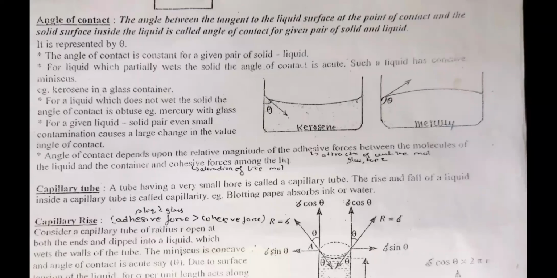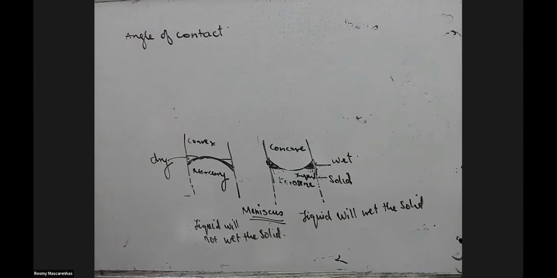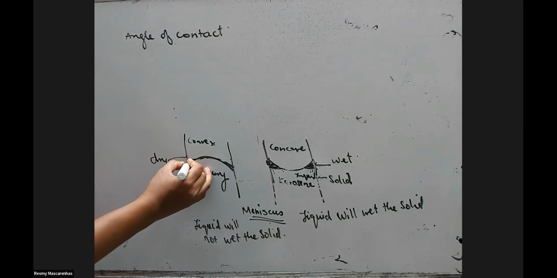Angle of contact is the angle between the tangent to the liquid surface at the point of contact and the solid surface, which is inside the liquid. It's a tangent drawn towards it. For this one, this is the curve.